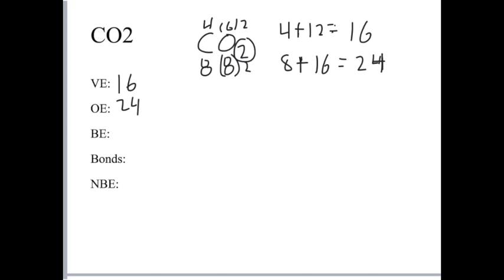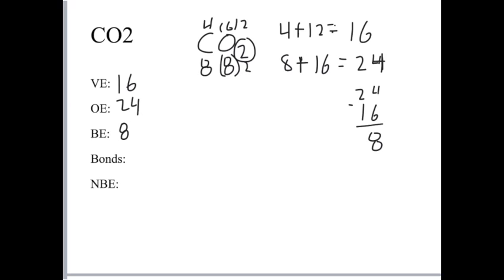Next thing I need to do is find my bonding electrons. To do bonding electrons, I'm going to do OE minus VE. My octet electrons is OE, my valence electrons is VE. So I'm going to do 24 minus 16, and that gives me 8. So that's how many bonding electrons I have.